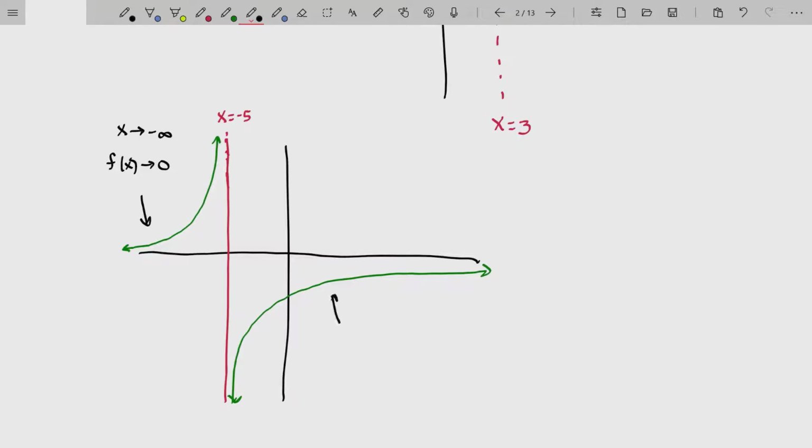Along the same lines, as x goes to positive infinity, in that direction, the function values also seem to be approaching 0. So this is said to have a horizontal asymptote at 0. So I usually say it this way: HA is at y equals 0. Horizontal asymptote at a height of 0.